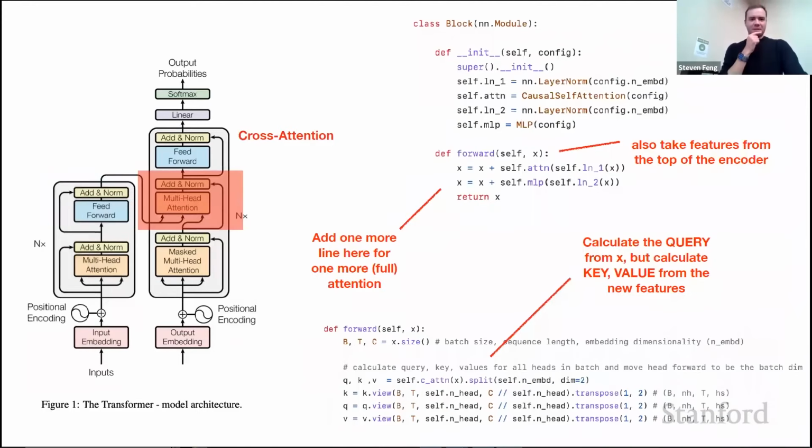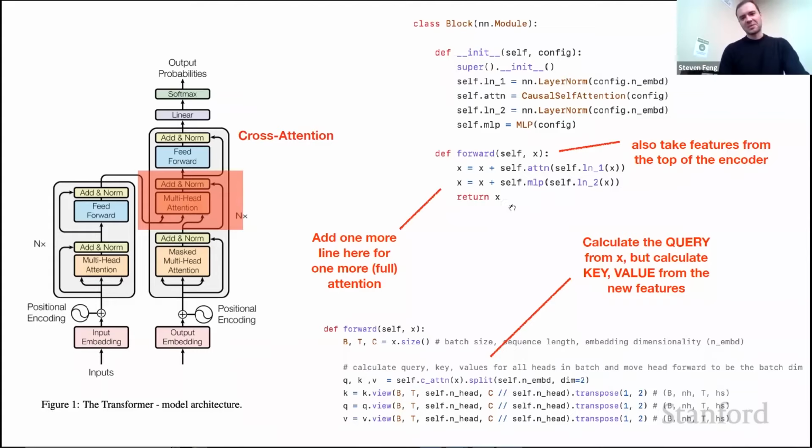And then if you want to implement cross attention, so you have a full encoder-decoder transformer, not just a decoder-only transformer or a GPT, then we need to also add cross attention in the middle. So here there's a self attention piece, a cross attention piece, and this MLP. And in the cross attention, we need to take the features from the top of the encoder. We need to add one more line here, and this would be the cross attention.